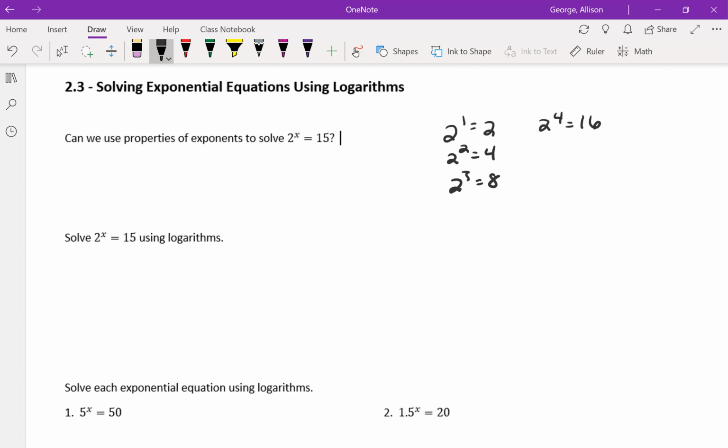So at that point I know 15 isn't going to be an answer for 2 to a power, so we can't solve it using exponents. In that case, we need to solve it using logs.